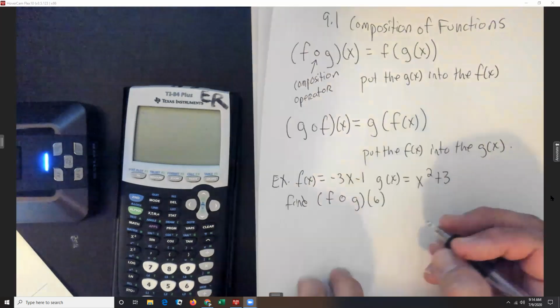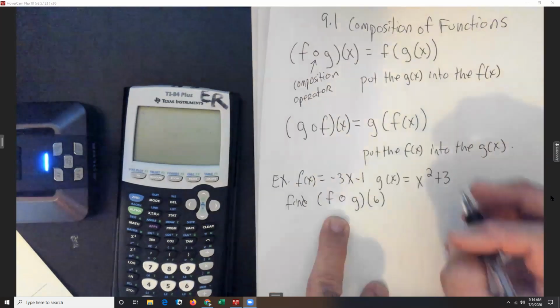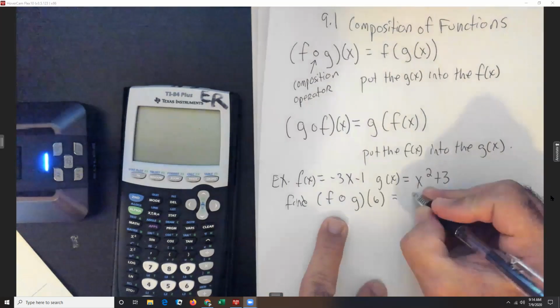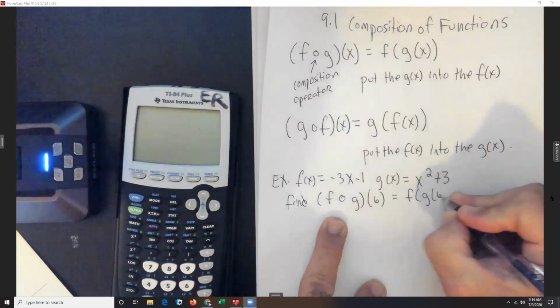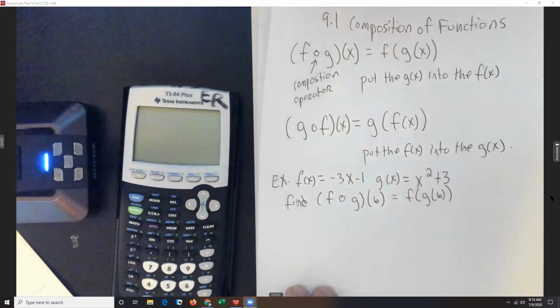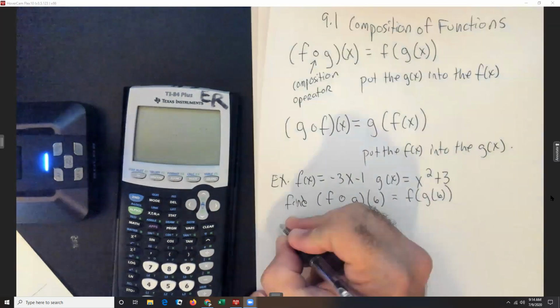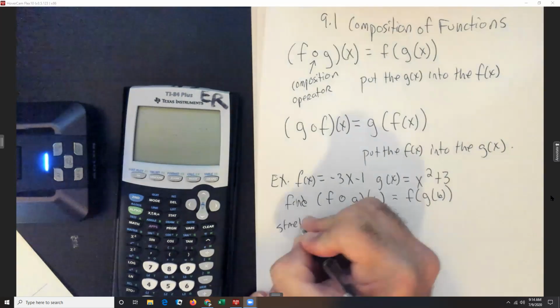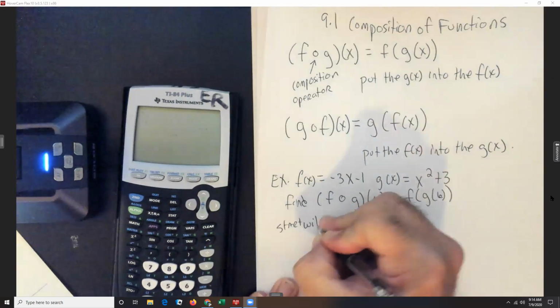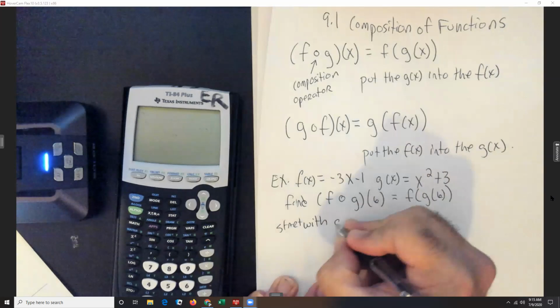So basically, this would be like f of g of a 6. So if you start with the innermost, you got to start with the g of 6. So I'm going to start with g of 6.